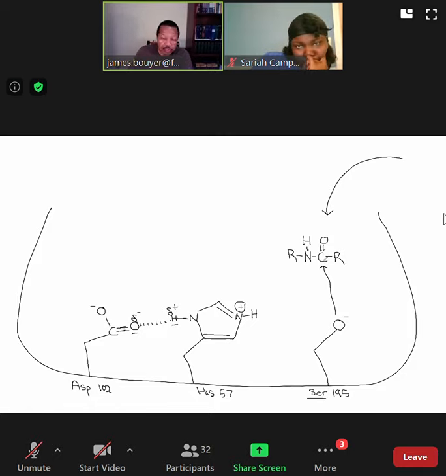A mistake that students make in mechanisms is drawing the arrow wrong. Your arrow starts with your electron-rich atom, and the arrowhead ends up at the electron deficient atom. Okay. Any questions?